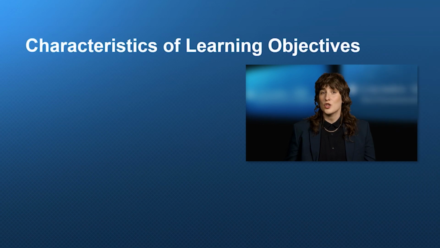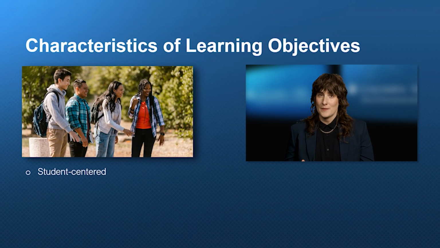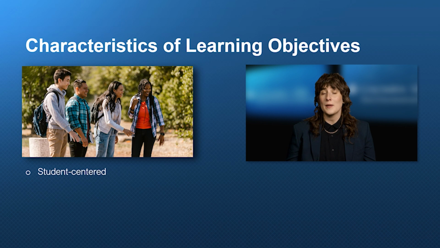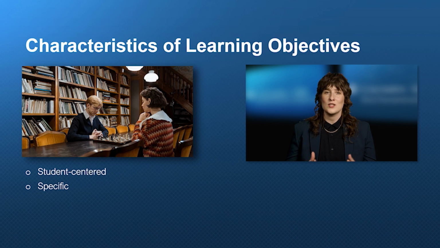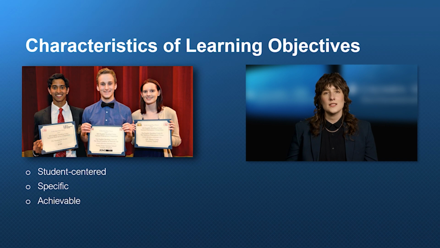Learning objectives should be student-centered, focusing on what learners will be able to do. Learning objectives should be specific, outlining the knowledge students will acquire. This guides the selection of assessment, providing evidence that the learning objectives have been achieved. Finally, the learning objectives should be achievable within the course context and duration.